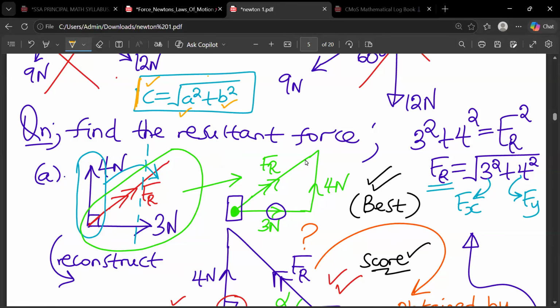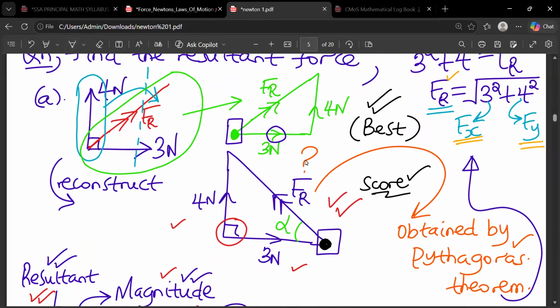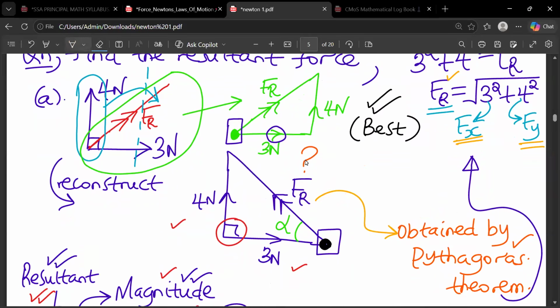So to get the resultant force, just get the square root of the horizontal component squared plus vertical component squared. As simple as that. So you say that that is really hard? Not at all. So I was saying that this one we shall obtain it from Pythagoras.